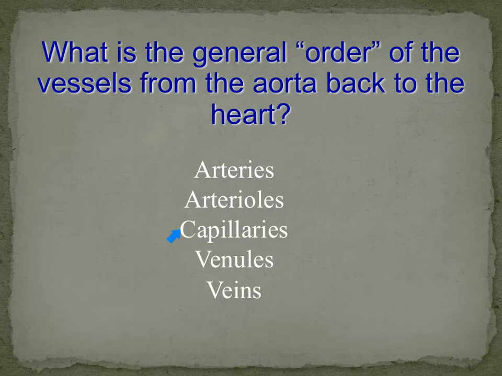And then they get even smaller and become capillaries. That's where the gas exchange occurs. Once oxygen leaves the red blood cells and carbon dioxide comes back in, then things are traveling back to the heart, generally, in the venules, and then the veins ending at the inferior and superior vena cava.